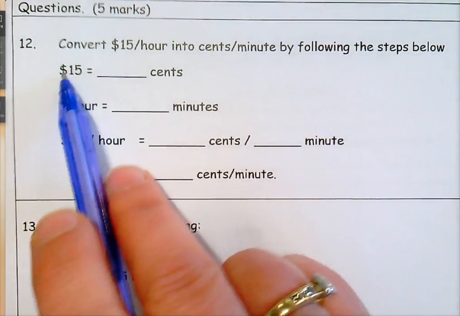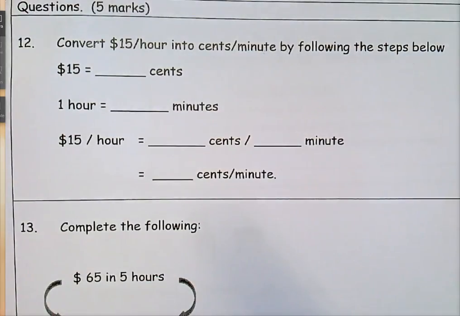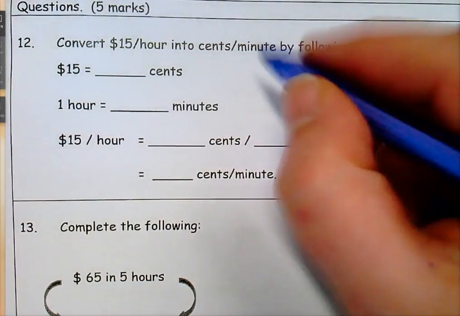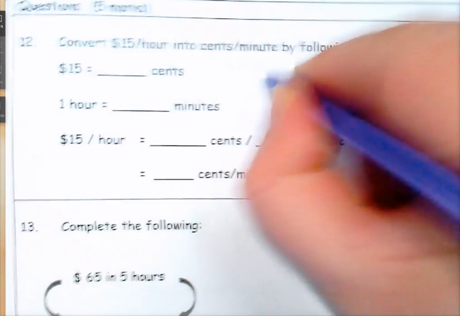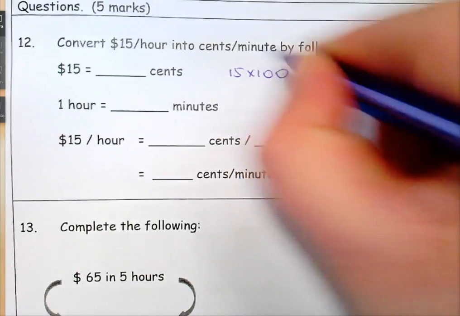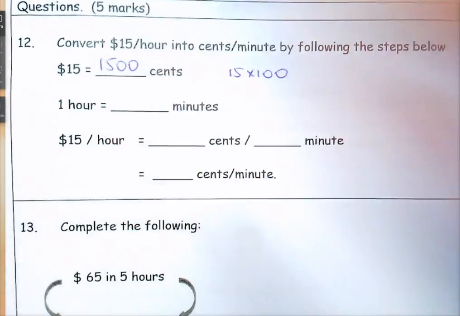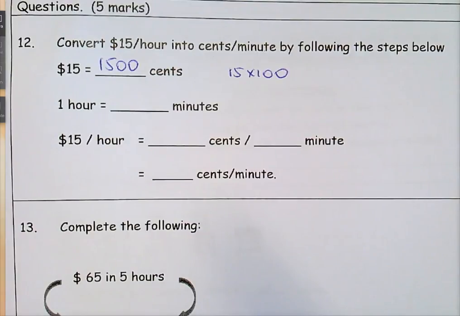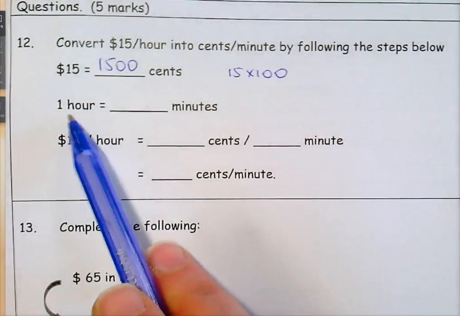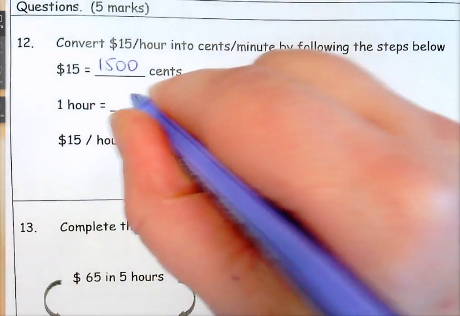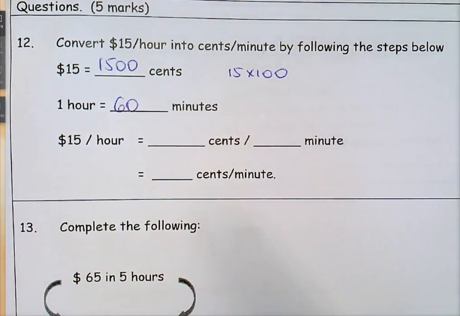So we convert the $15 to how many cents. Now, $1 is how many cents? 100. So what's $15? 1,500. It's 15 times 100, which is 1,500 cents. Girls, this is going to be scaffolded for you like this. $15 is 1,500 cents. 1 hour is how many minutes? 1 hour is 60 minutes.